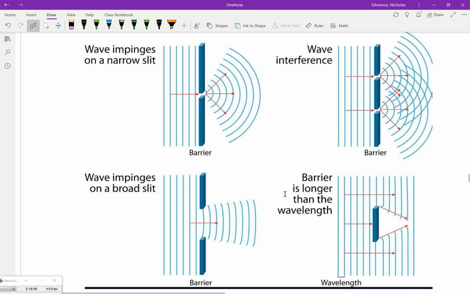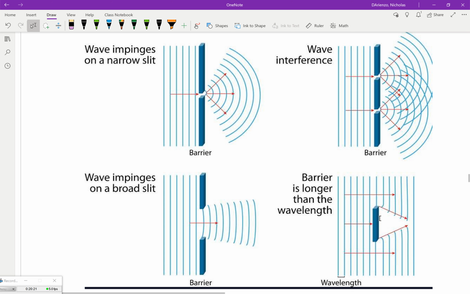Now, depending on the size of the barrier, if the barrier is longer than the wavelength, we'll get this region behind the barrier where we're not going to see, hear, or be able to interact with the wave that is moving past the barrier. We get this region of kind of dead space here.